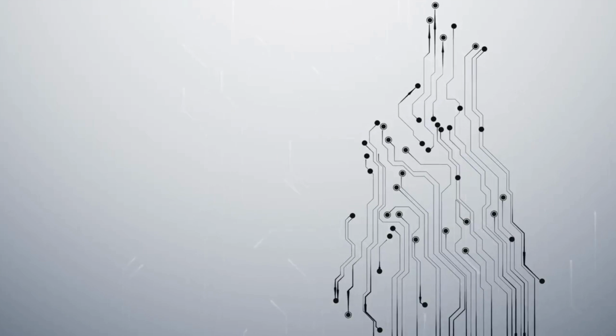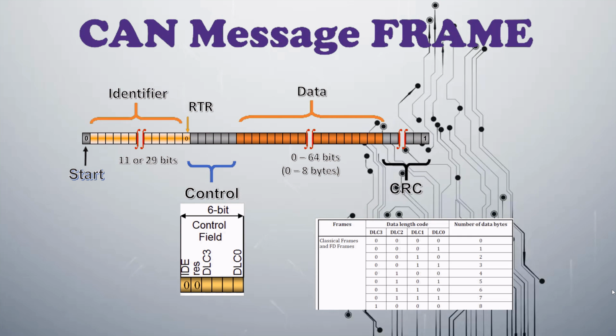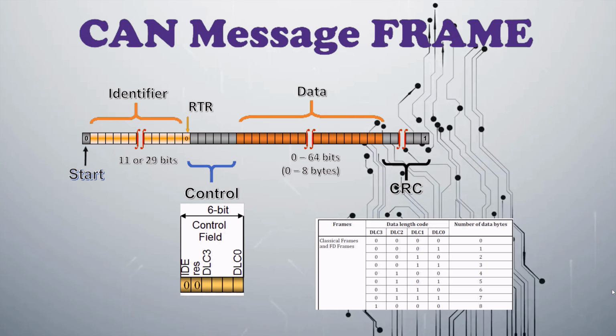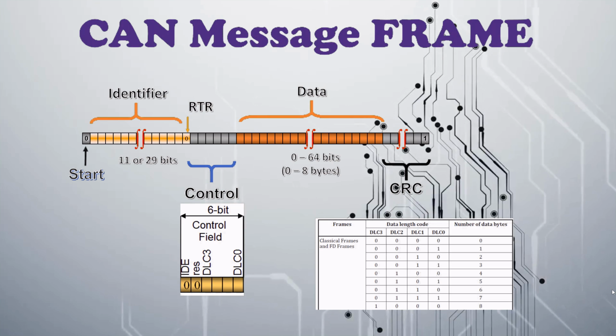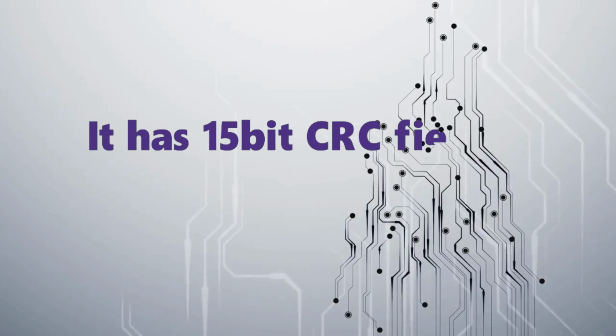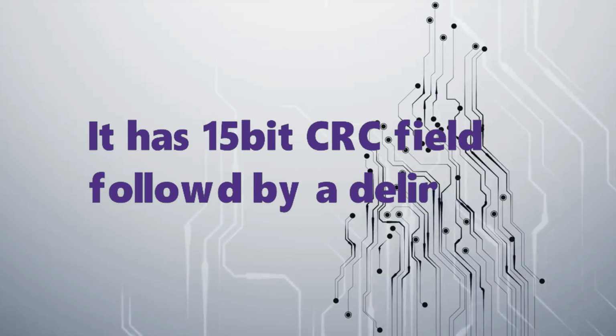Next, CRC field. The CRC field has a 16-bit CRC followed by a delimiter.